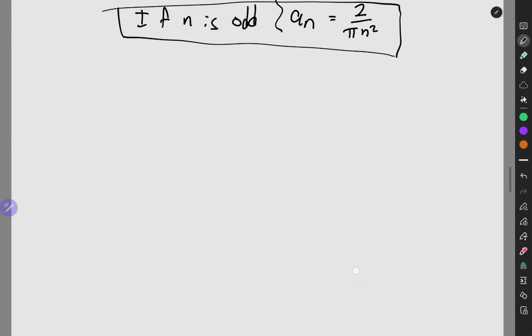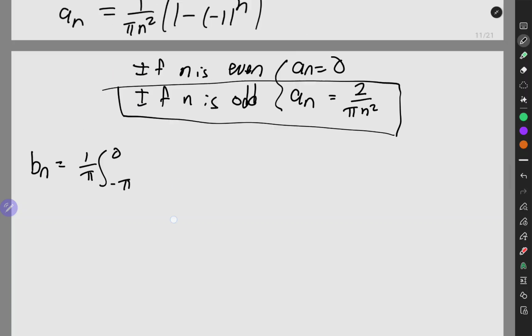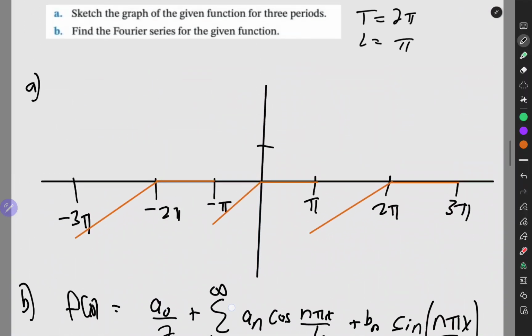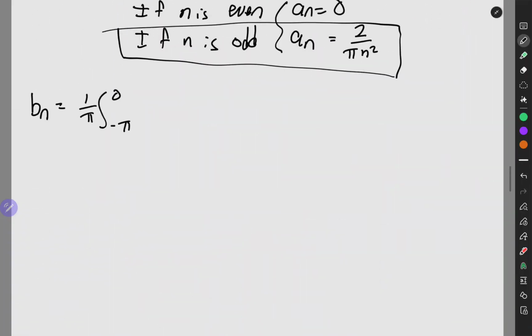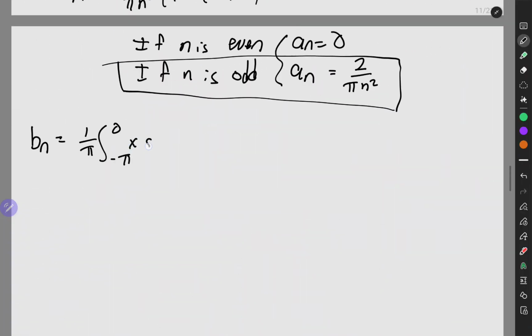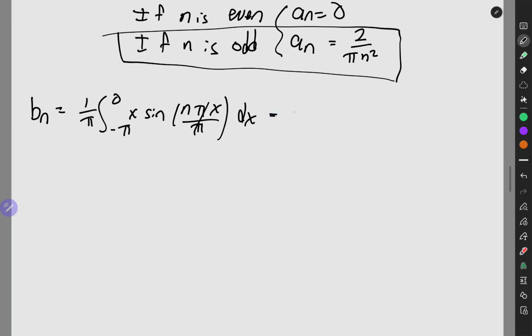Now let's look at b sub n. We have 1 over pi, integral from negative pi to 0 of x sine of n pi x over pi, and the pi's cancel, dx. Actually, let me just do the u sub.